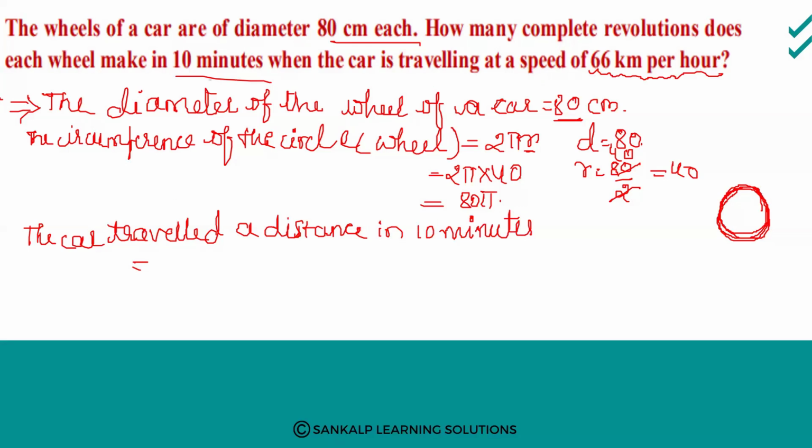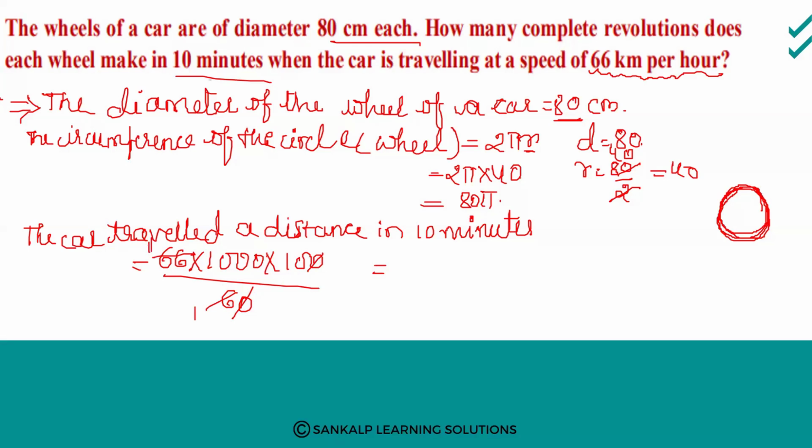So 66 kilometer can be converted into meter, that is into 1000. And this meter is converted into centimeter, that is into 100, divided by hour. In 1 hour, how many minutes are there? 60 minutes. So divided by 60, right? So the zeros will get cancelled. What you will get? 6 ones are 6, 11.